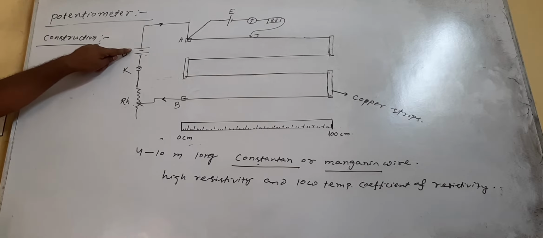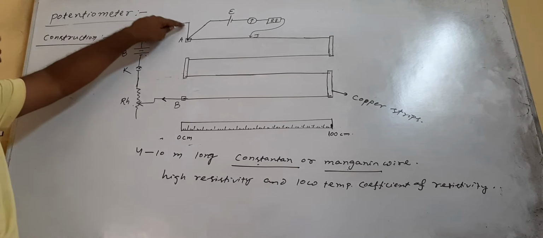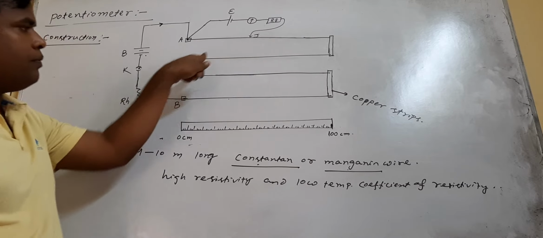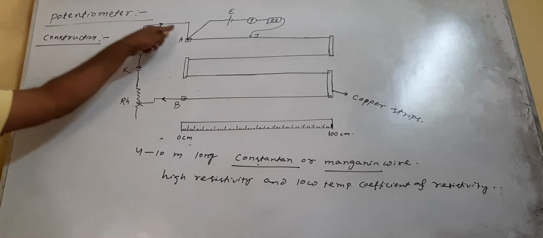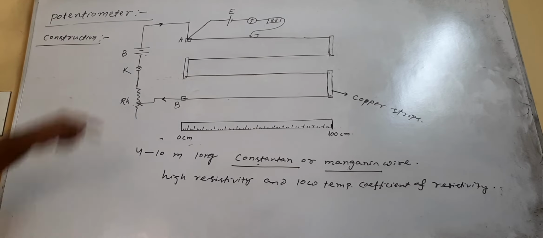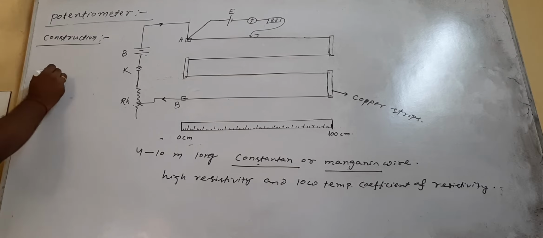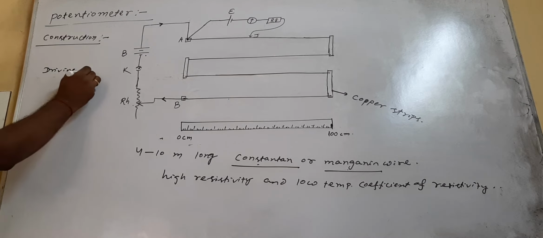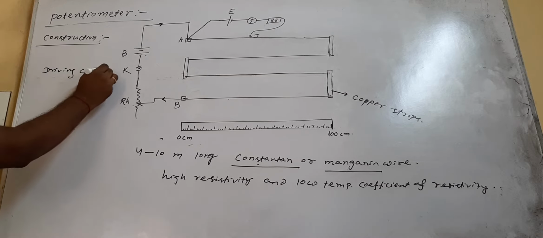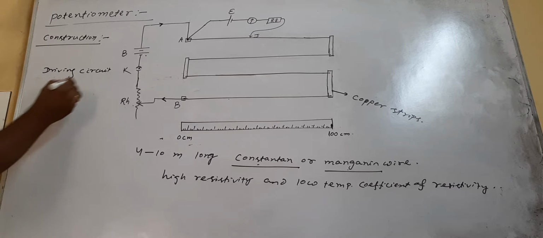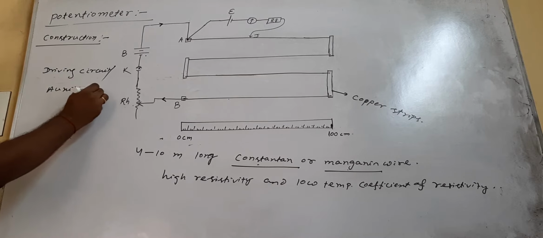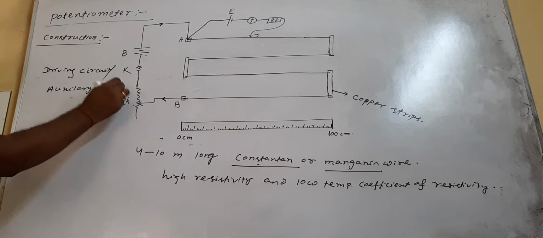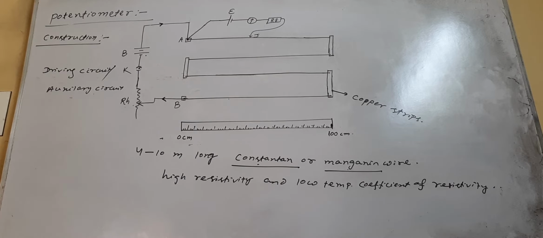As it is the positive terminal, current will flow like this. This circuit is called the driving circuit, as it drives current, or auxiliary circuit, or you can say it is the primary circuit.